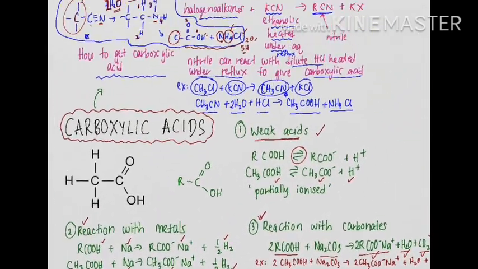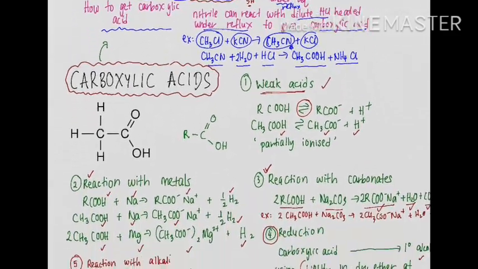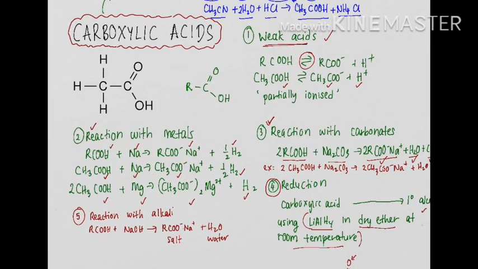We started with how to get the carboxylic acid. You get the carboxylic acid from the reaction of halogenoalkane with KCN to give you the nitrile, and this nitrile can react with dilute hydrochloric acid under reflux to give you carboxylic acid and ammonium chloride. Once you get that, you have the reactions with weak acid, since it's partially ionized.